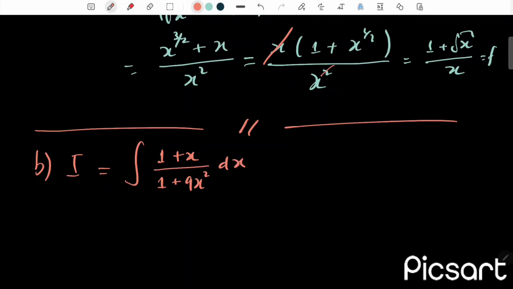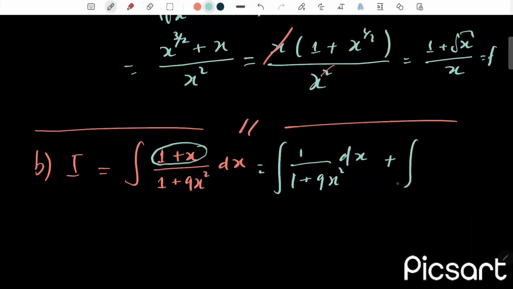Again, here we don't have a direct technique to apply to solve this integral, but we can observe that the numerator of this function is a sum of 2 terms, so that we can rewrite this as the integral of 1 over 1 plus 9x squared dx plus the integral of x over 1 plus 9x squared dx.